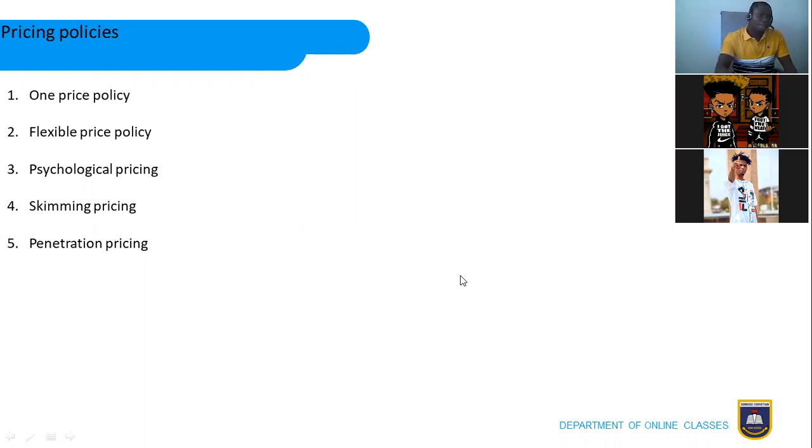So here with the flexible, price is not so fixed for everybody. So probably you can sell the same product under the same condition. You can sell it to Kojo Menu at two Ghana cedis and sell it to Abina at two Ghana cedis, 50 pesewas. And this depends on some factors.